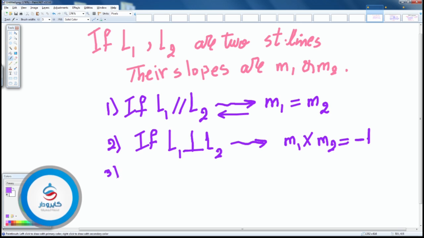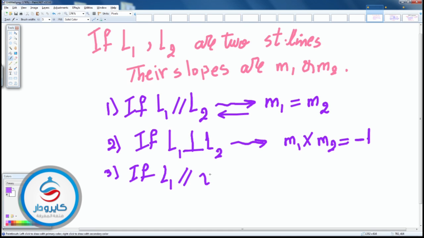Number 3, if L1 is parallel to the x-axis, we know that any straight line parallel to the x-axis has slope m1 equal to 0.